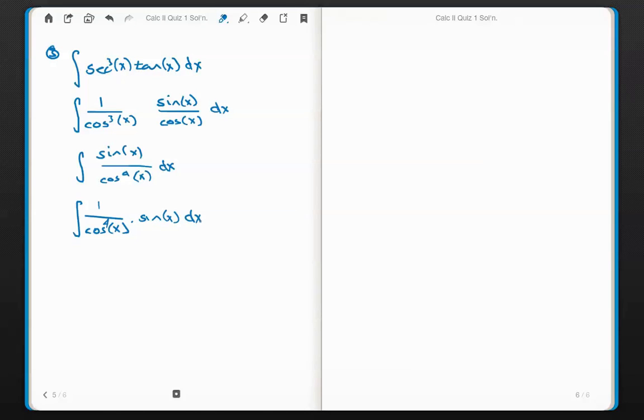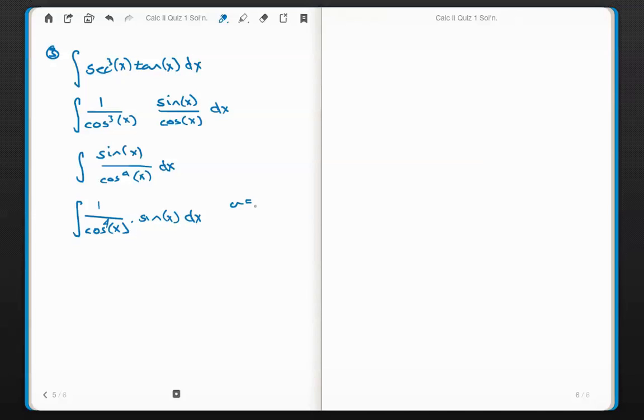Now, why did I do it that way? Because I can see that if I make my u substitution, this is cosine, and this becomes the derivative of this, kind of. Well, let's see, how does that work?